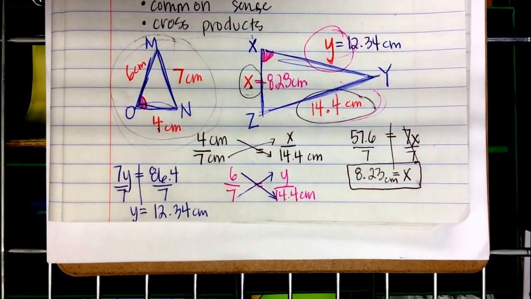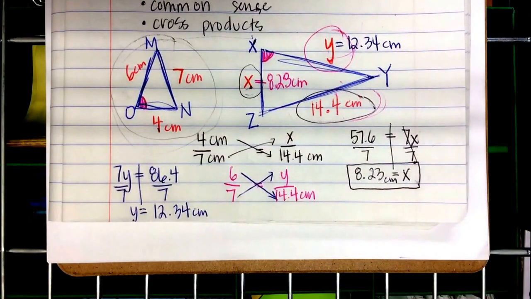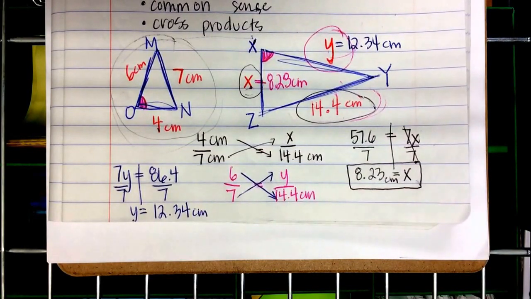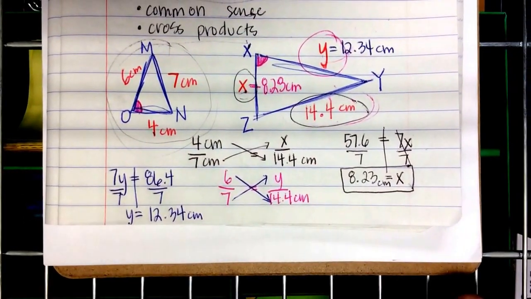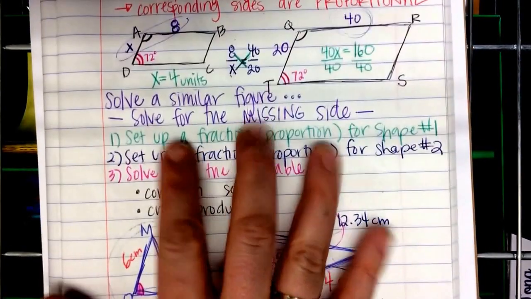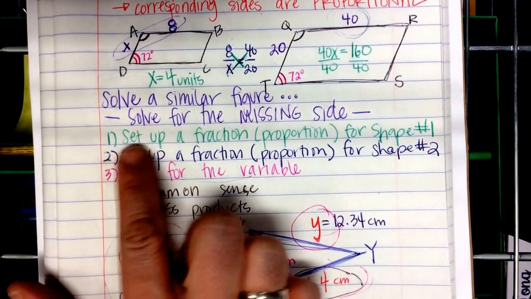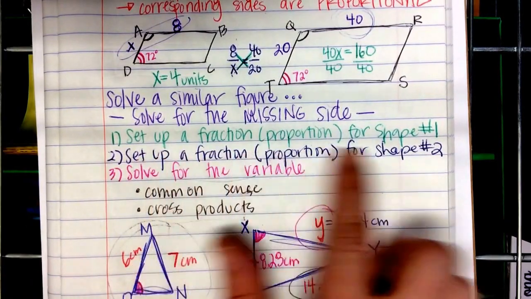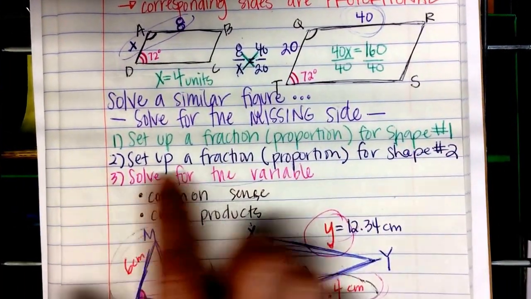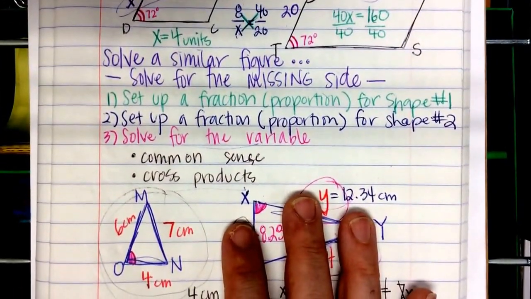So sometimes you have to do 2 problems within a problem. Or you have to pick which one you're going to do, which proportion you're going to make. But to solve a similar figure, you set up a fraction for the first shape, and you set up a fraction for the second shape. Then you solve for that variable.